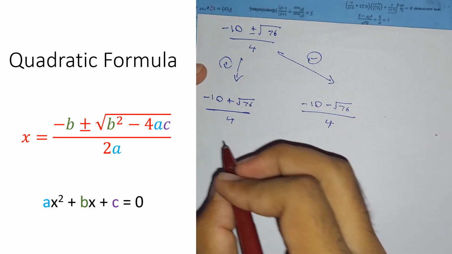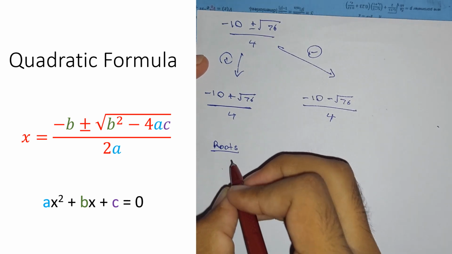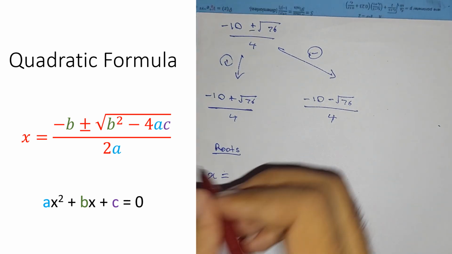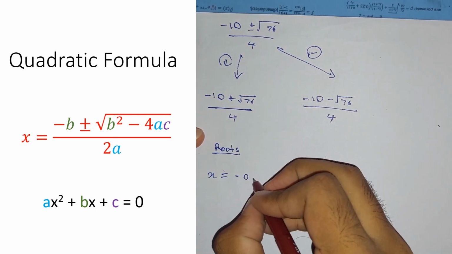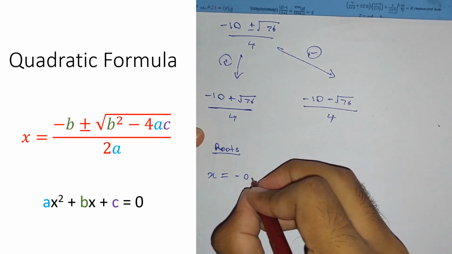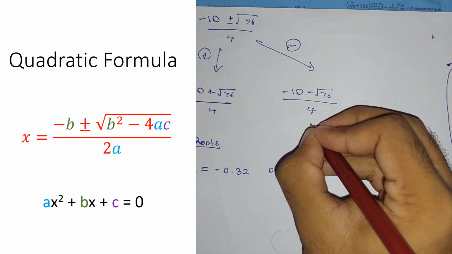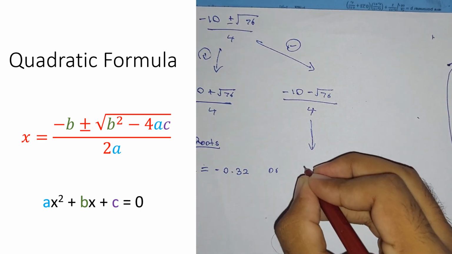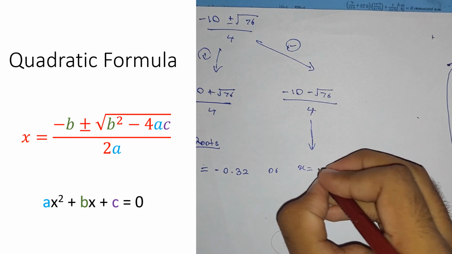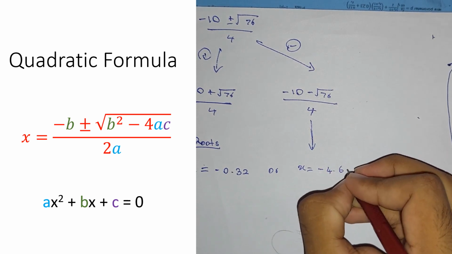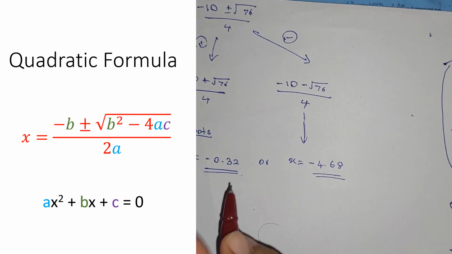After simplifying this, we can get the roots as x equals minus 0.32, and simplifying this, x equals minus 4.68. So these are the roots of the equation.